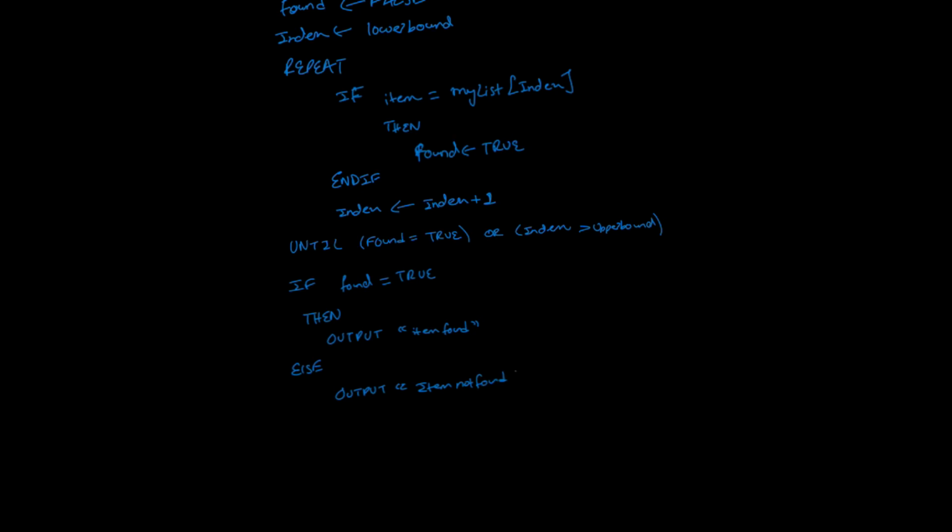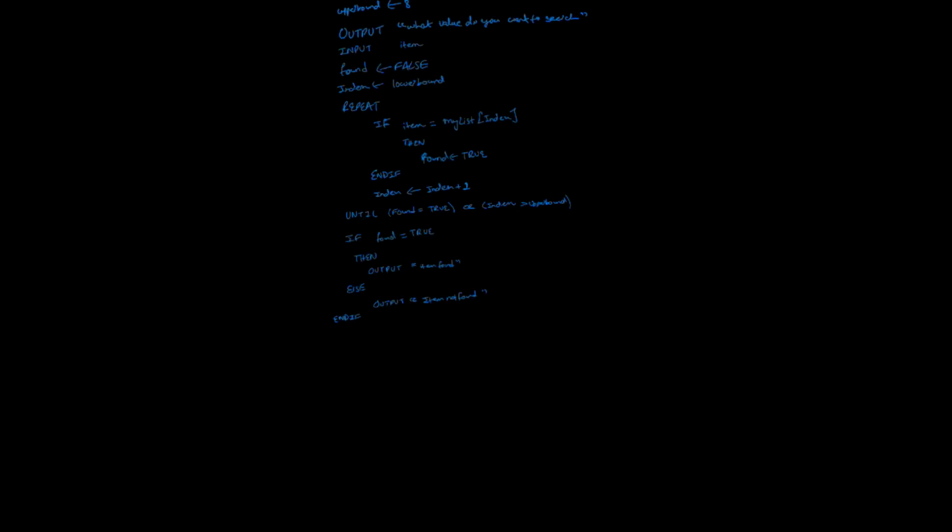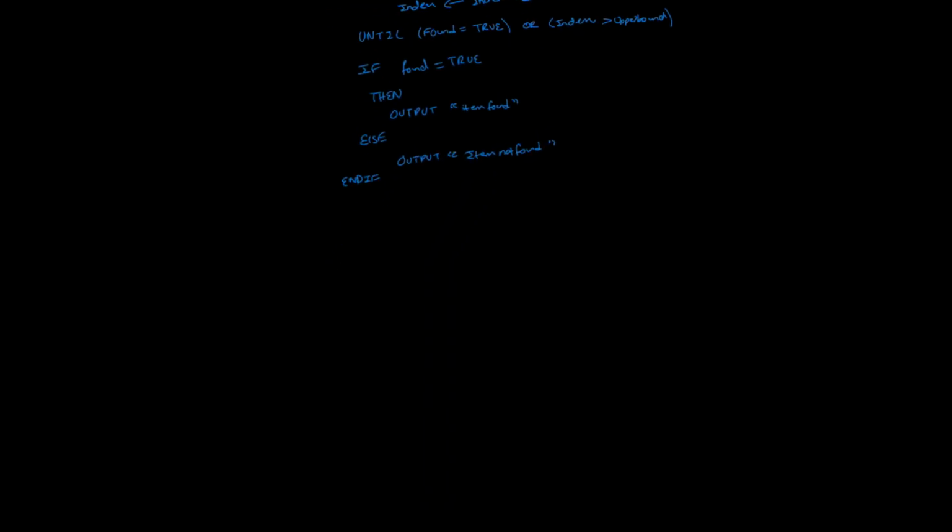And then basically we're going to use endif. So this is basically how you search for an item using linear search. There are multiple other methods, but for CAIE, this is the only method inside of our syllabus.